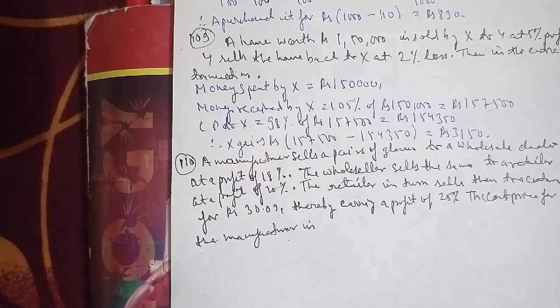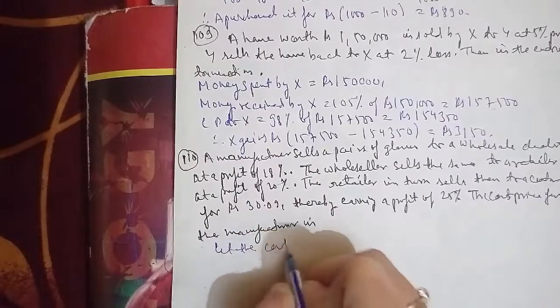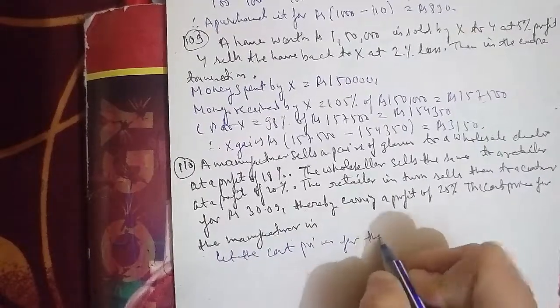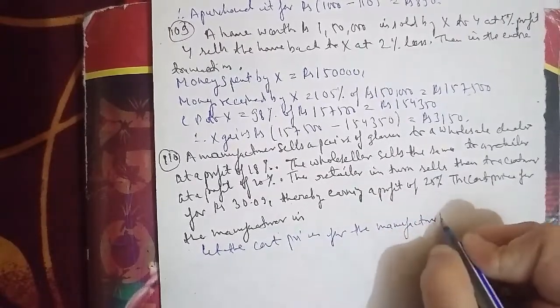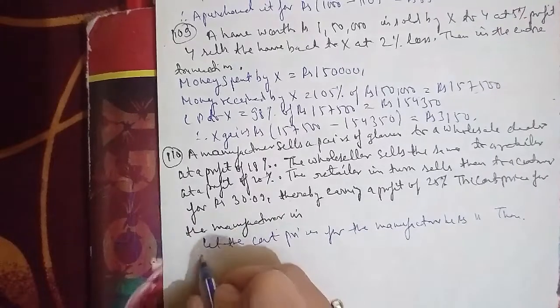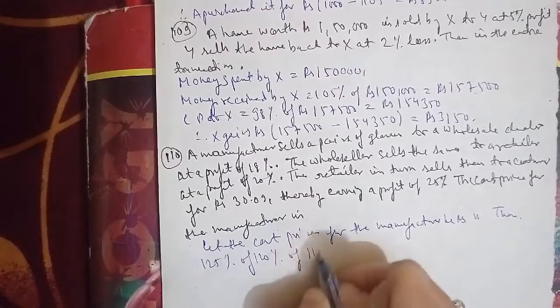Let the cost price for the manufacturer be rupees X. Then 125% of 120% of 118% of X equals 30.09, which equals 125 upon 100 into 120 upon 100 into 118 upon 100 times X.